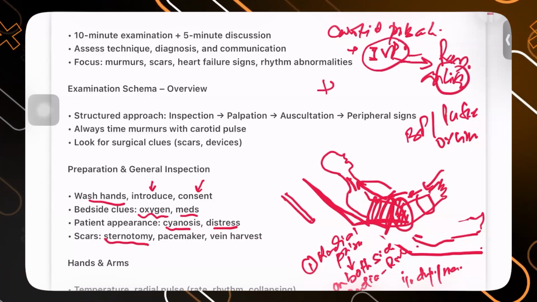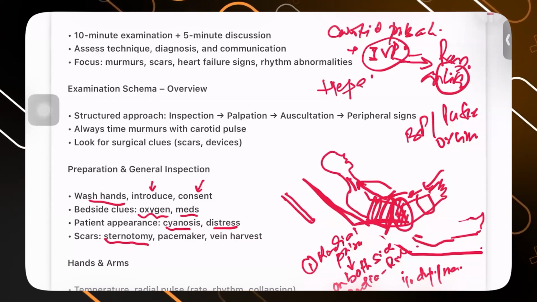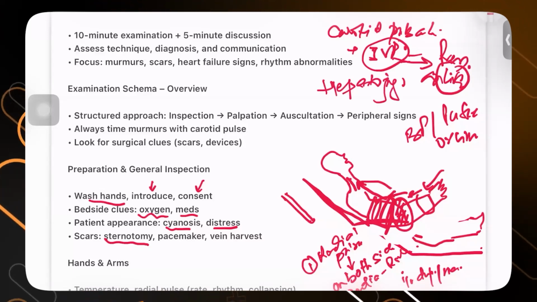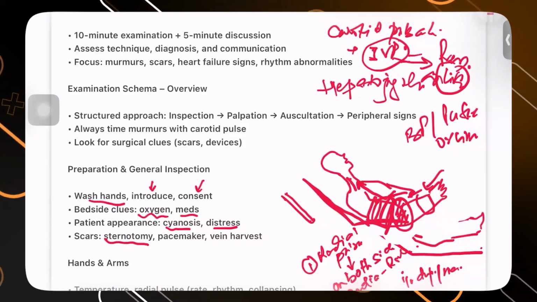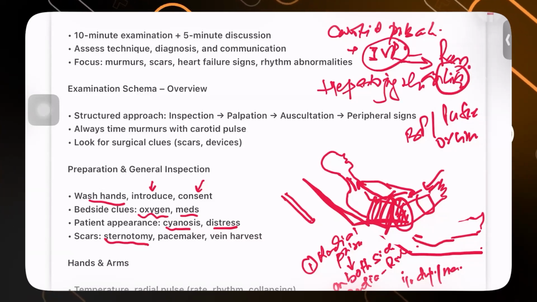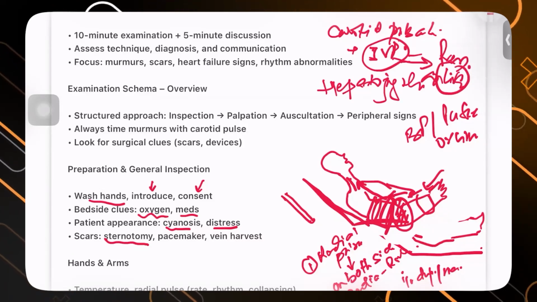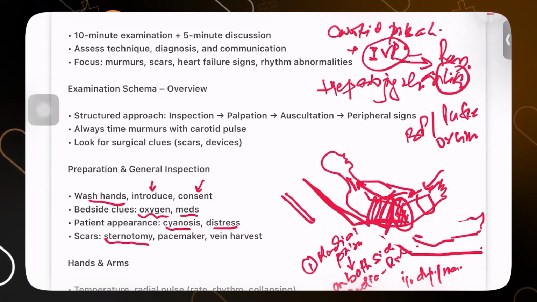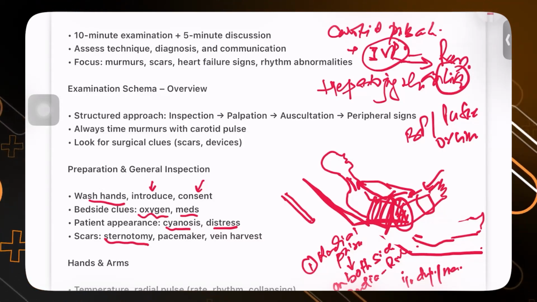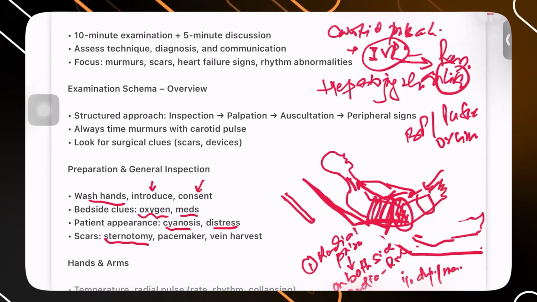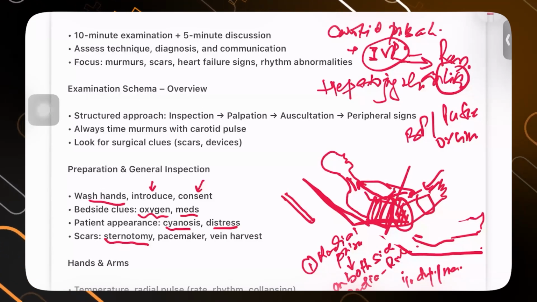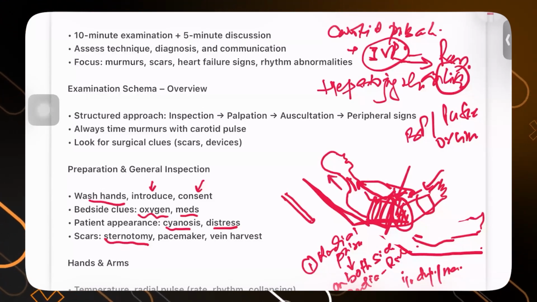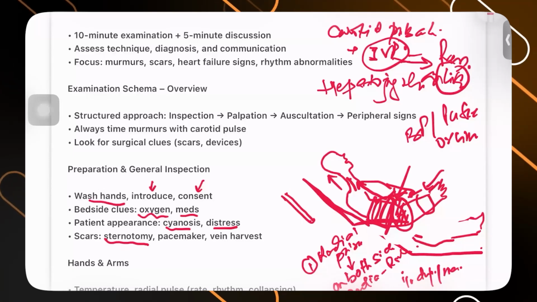That is called hepatojugular reflux. Always ask if the patient has any pain in the abdomen. If it is there, tell them that I'm going to press on your abdomen, please bear with me, and if there is pain, let me know so that I can stop my examination. You press on the abdomen and see for the JVP to rise. That is a positive hepatojugular reflux.